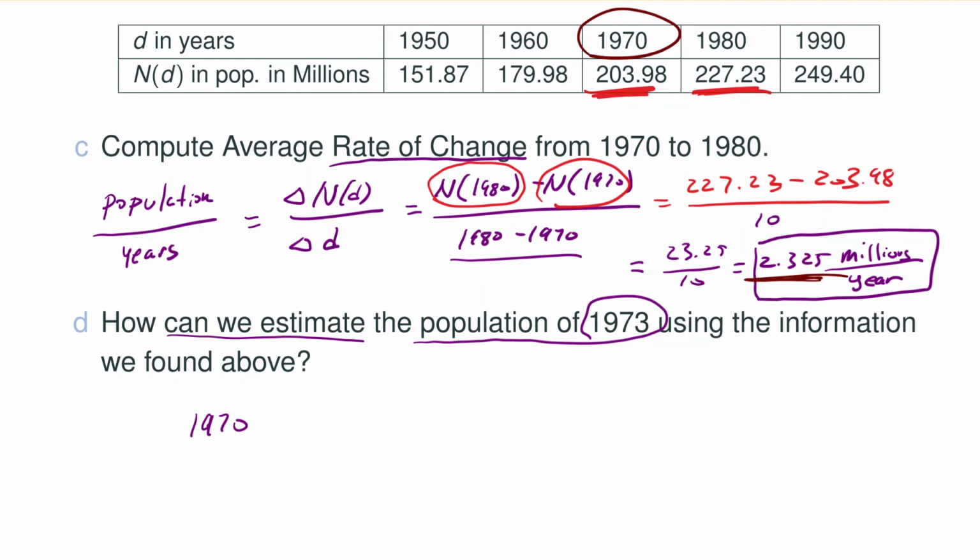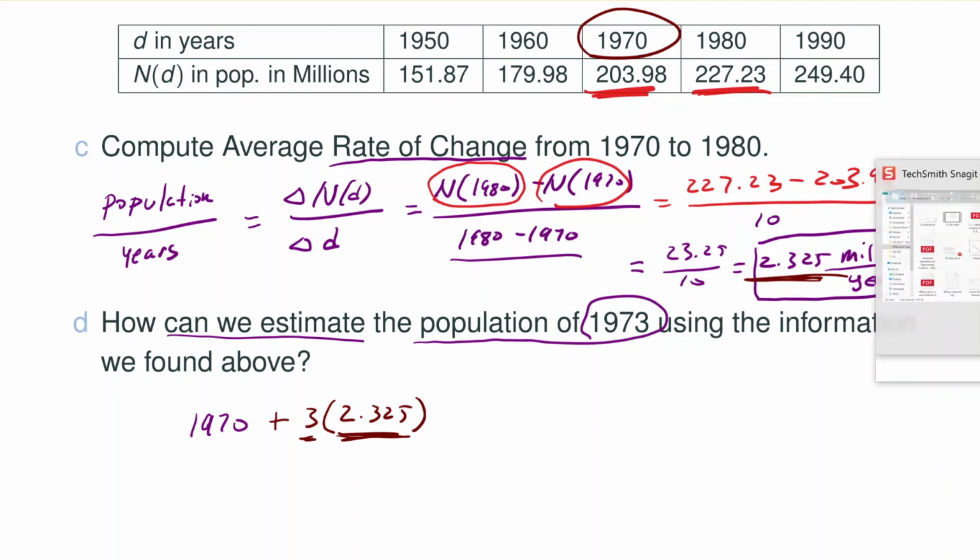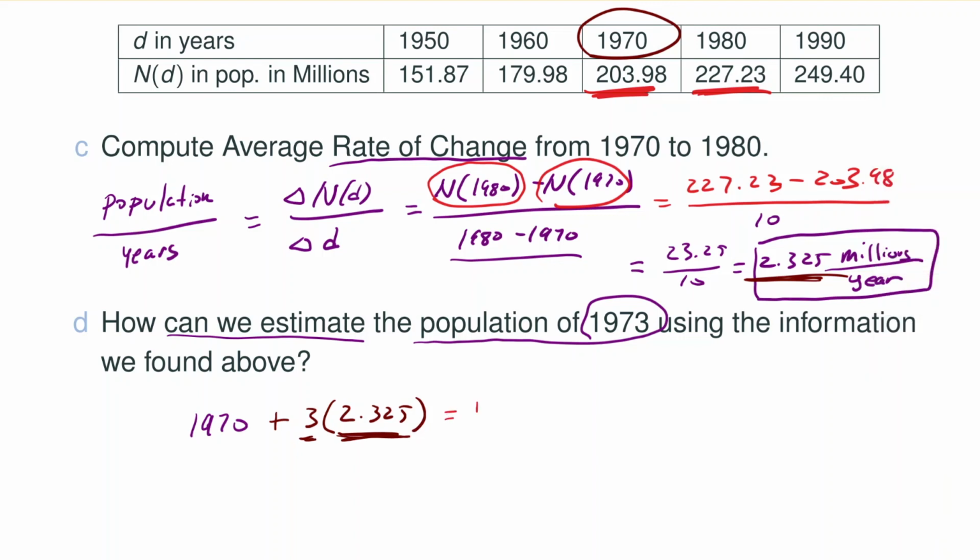So we do 1970 plus 3 years, and each year there's an increase of 2.325 million. For 3 years, we do 3 times that.